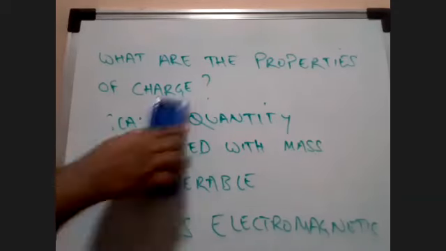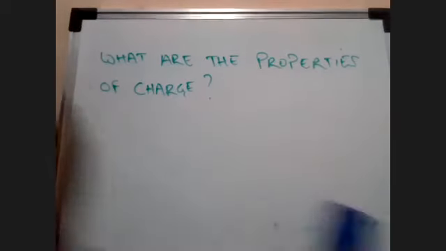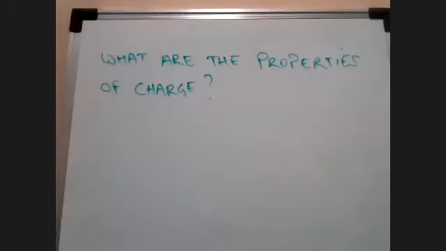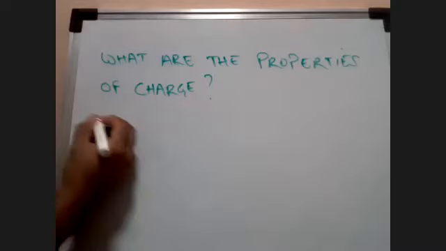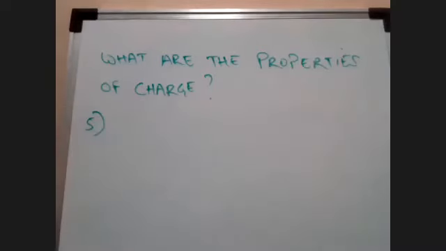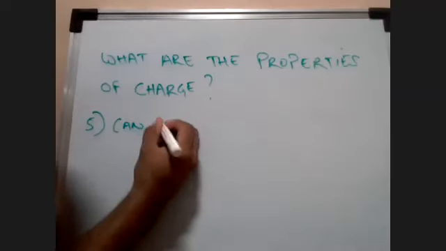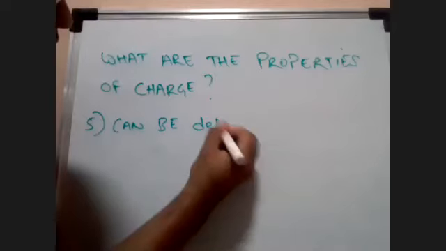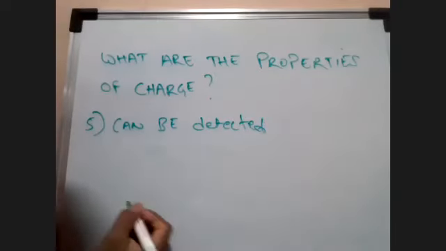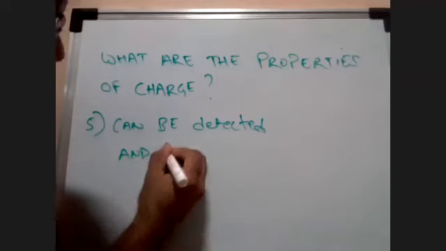Now the fifth one. The fifth property is charge can be detected and measured with the help of a voltmeter, a ballistic galvanometer, or a gold leaf electroscope.